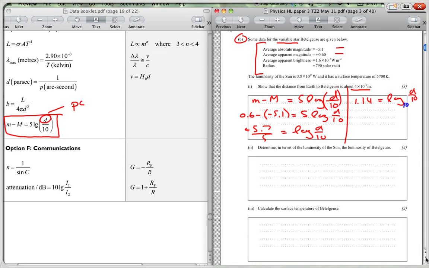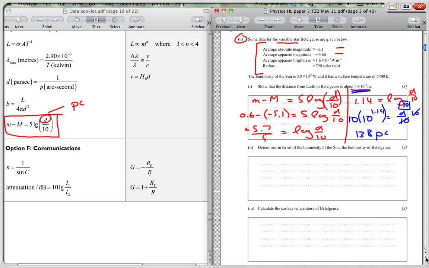So it becomes 10 to the 1.14 is equal to d over 10, and I'll multiply both sides through by 10, cancel that, and I'll get my d. When I put that in, I get 138, and that's parsecs. But we don't want it in parsecs, we want it in meters. So I have to convert from parsecs into meters.